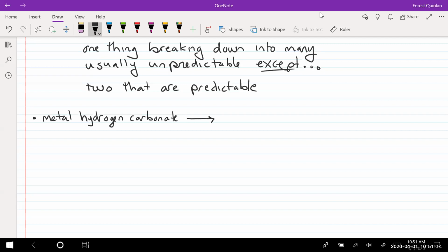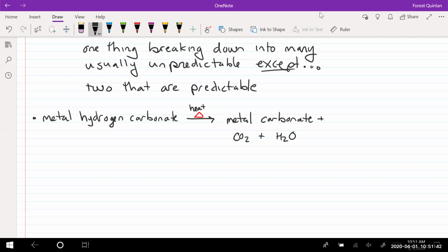And that is going to break down usually with heat, often given the symbol of a little delta across the top of it. When a metal hydrogen carbonate breaks down, it becomes the metal carbonate plus CO2 and water.